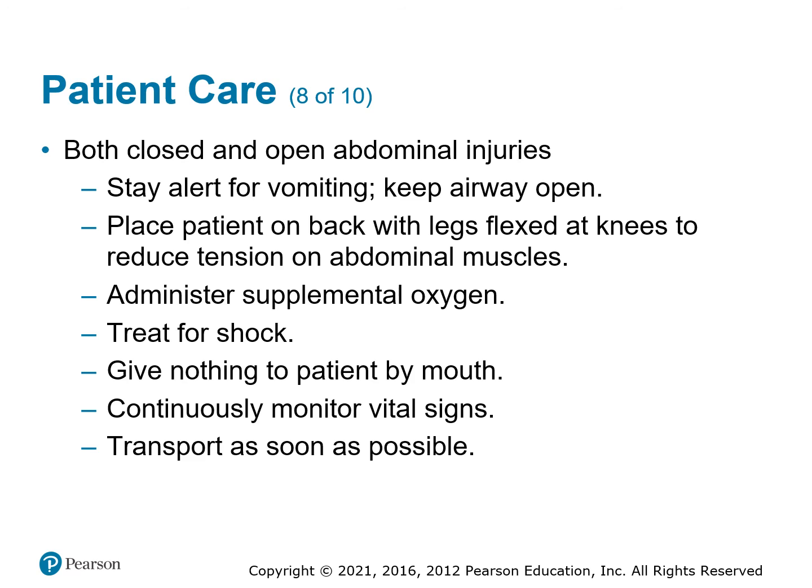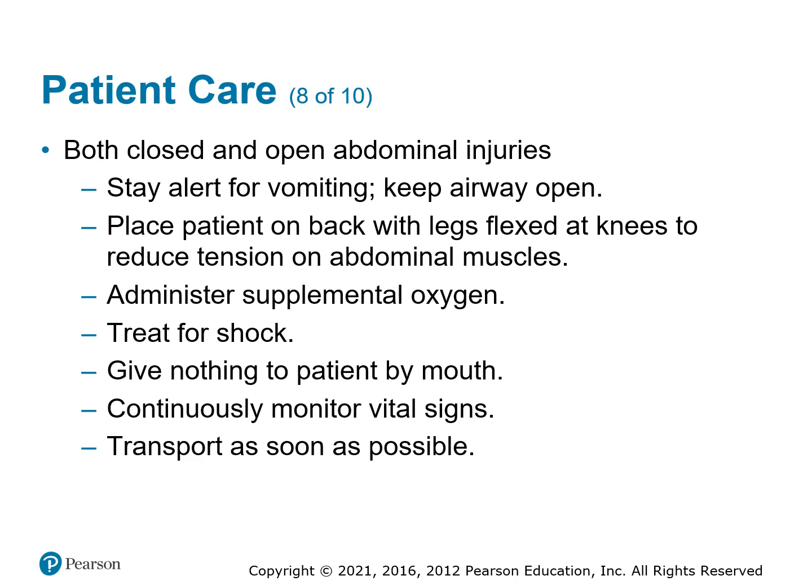Now, for both open and closed abdominal injuries, there are some things as far as patient care goes that pretty much are going to be the same throughout. First, be alert for vomiting, and then make sure that you keep the patient's airway patent if they are vomiting.